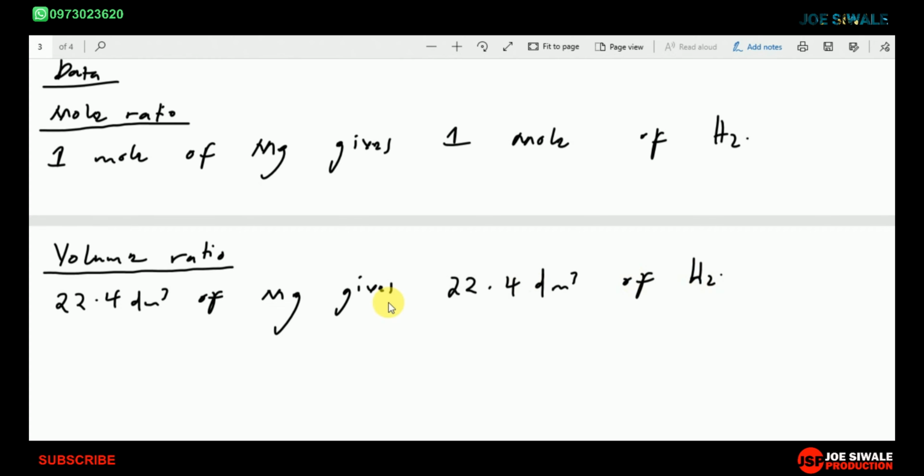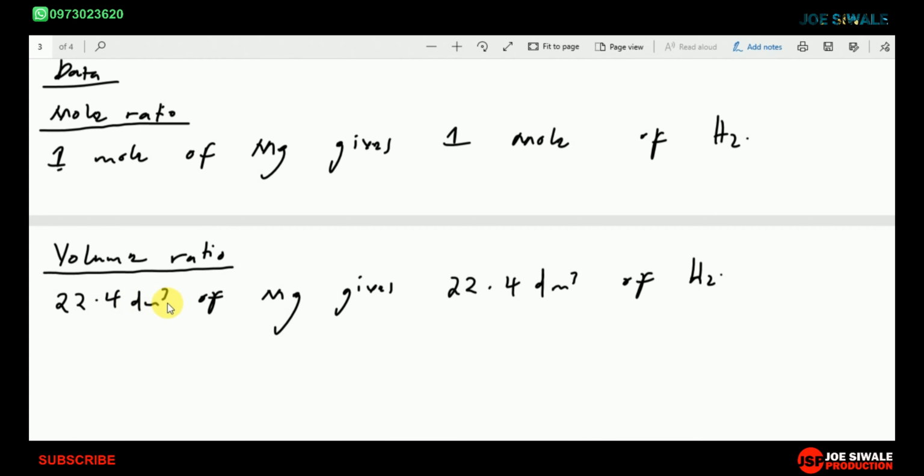And the reason why you have 22.4 cubic decimeters of magnesium there, we know that volume is equal to number of moles multiplied by the molar volume. And the number of moles, we know that that's 1 of magnesium. And the molar volume at standard temperature and pressure is 22.4. So we're going to say 1 multiplied by 22.4. So we're going to have 22.4 cubic decimeters.